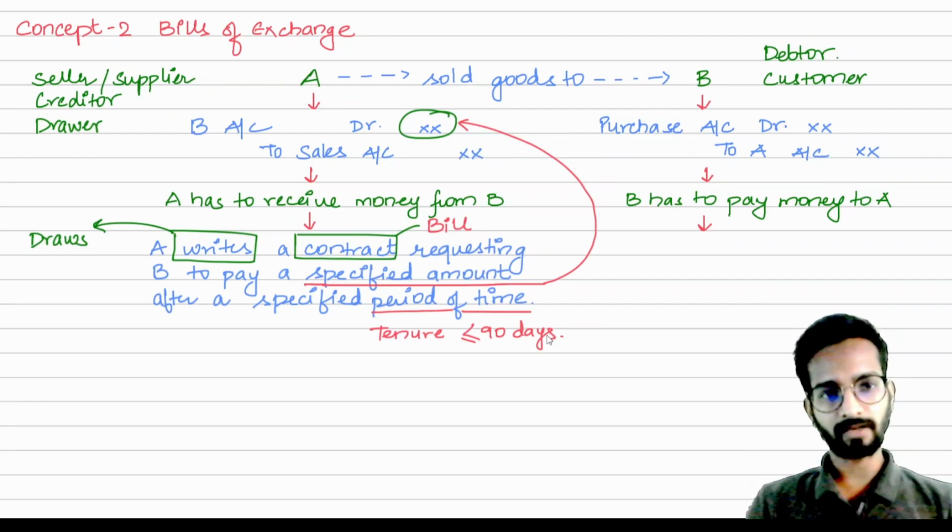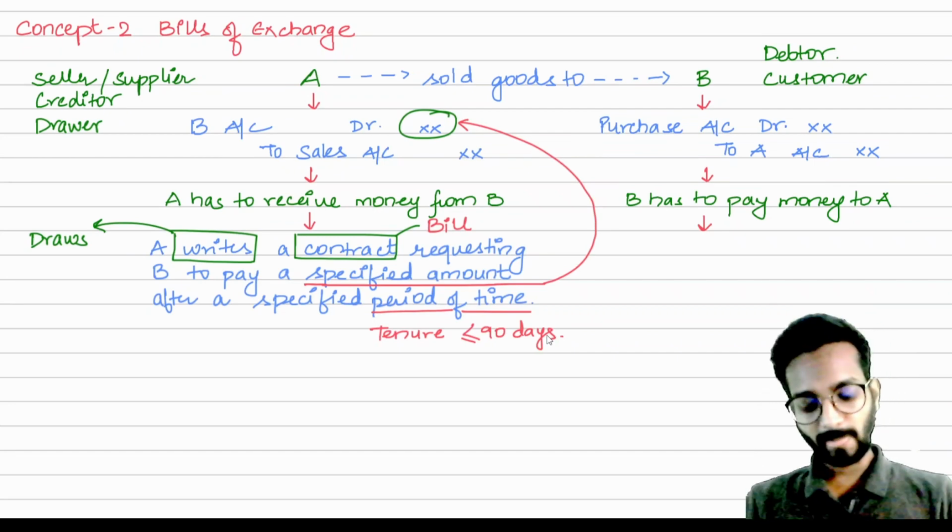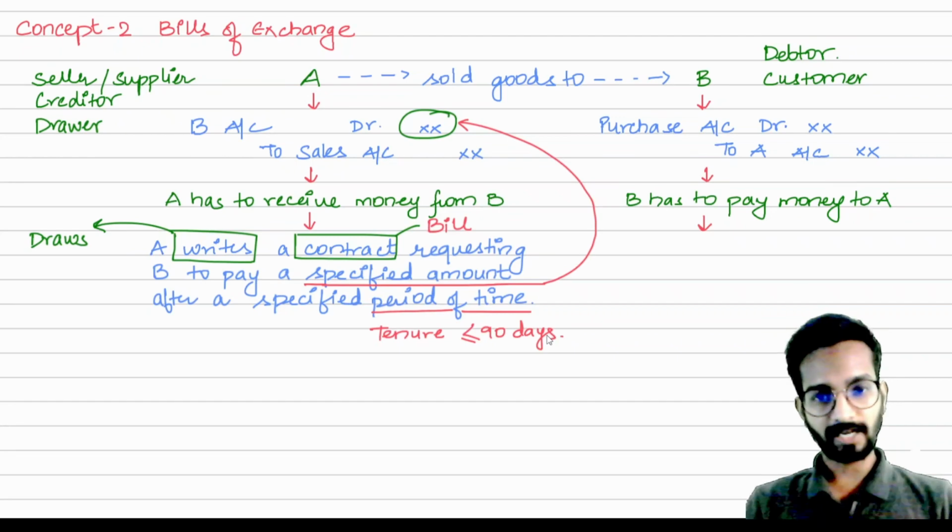You will definitely make a payment within 90 days. Understood this part? A writes the contract requesting B to pay a specified amount after a specified period of time. That's why that particular contract will be called the bill.